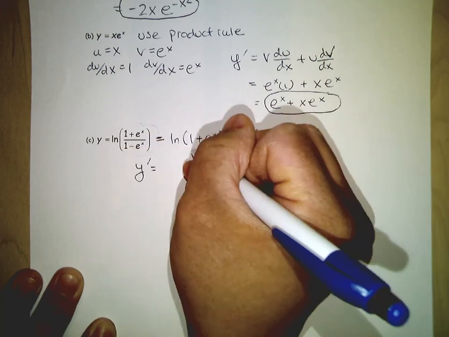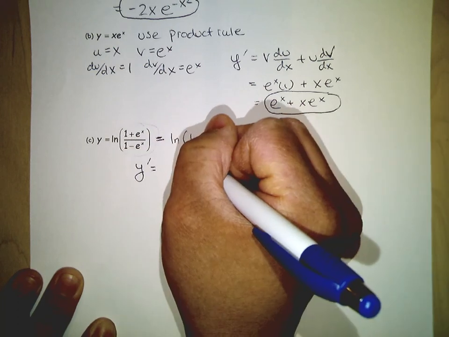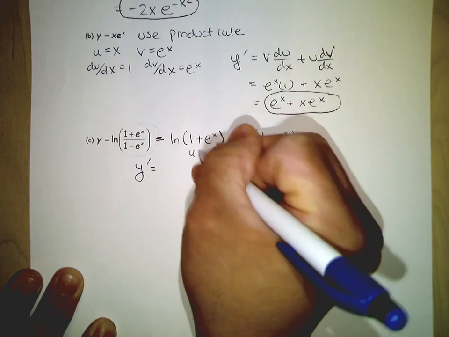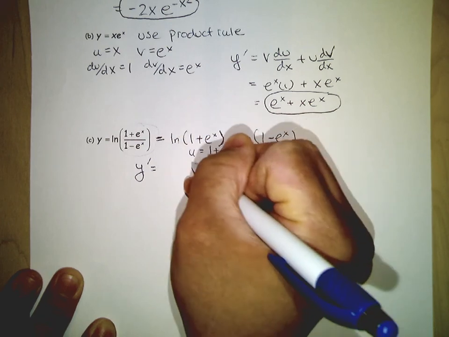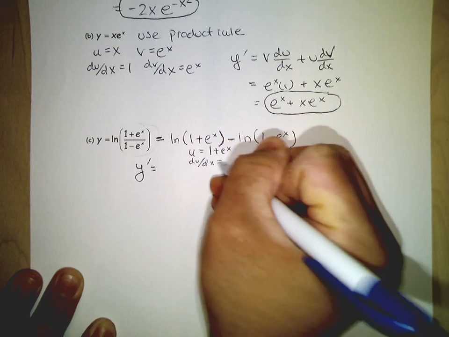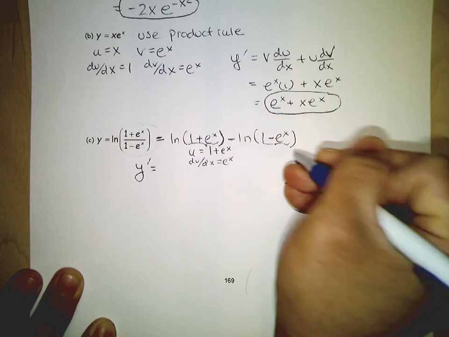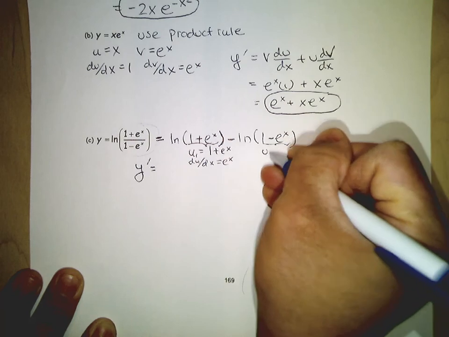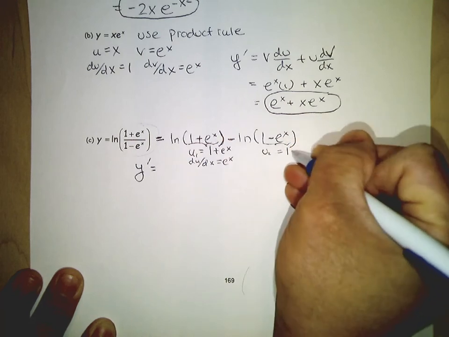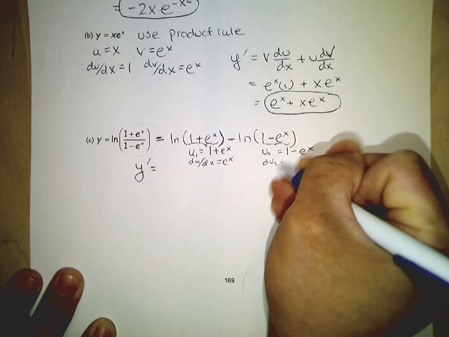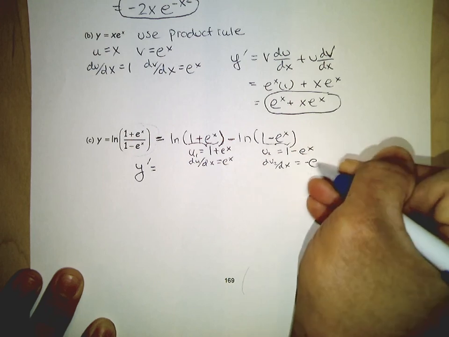So let's see, we have the derivative for natural log of 1 plus e to the x. So if u is 1 plus e to the x, du dx is e to the x. And over here, let's call this u2, because they should be separate. So 1 minus e to the x, then that derivative will be negative e to the x.